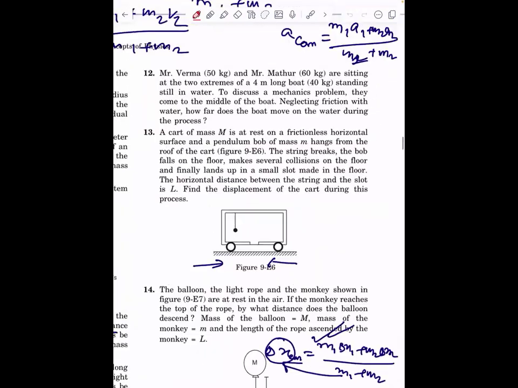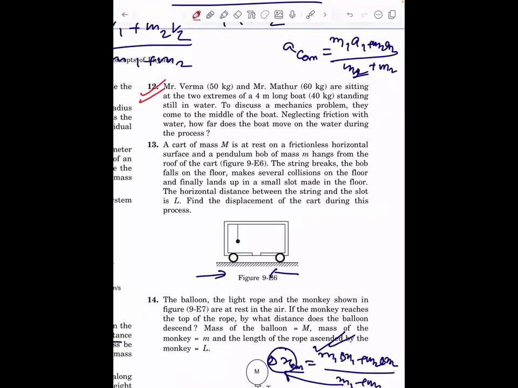Question number 12. We will do 12. And if you solve 12, 13, 14, 15, all are the same.